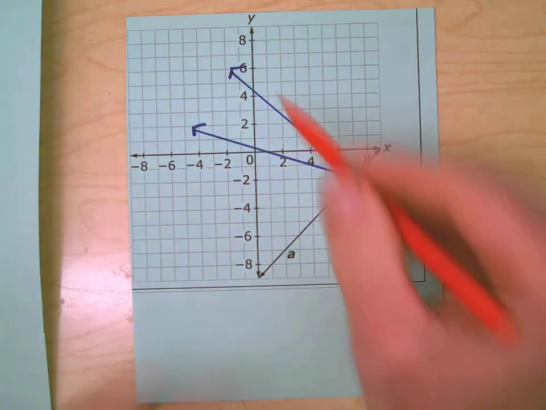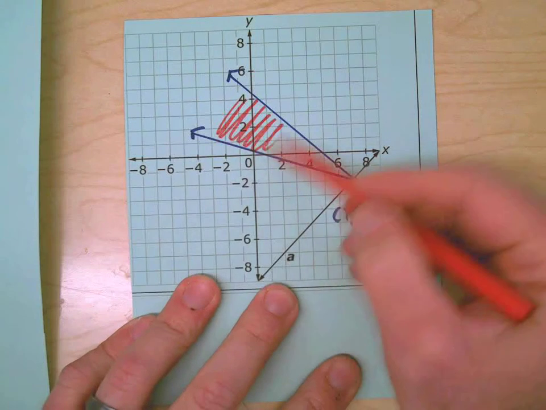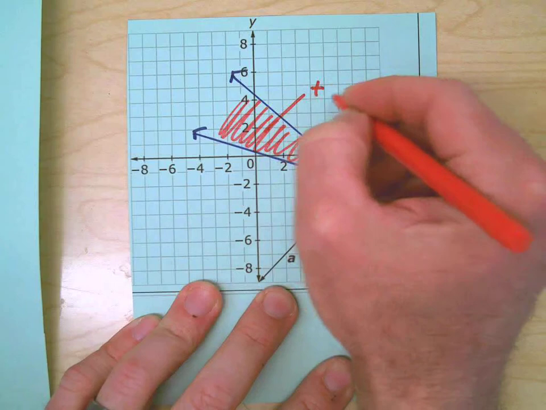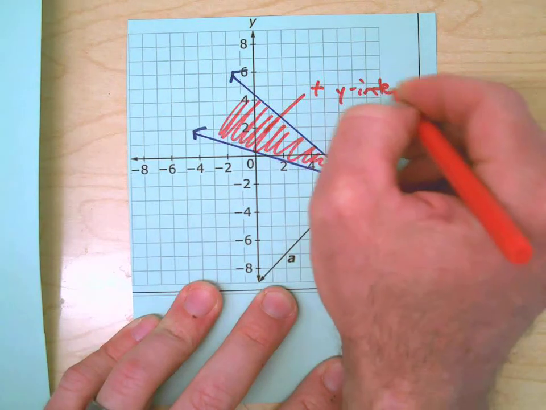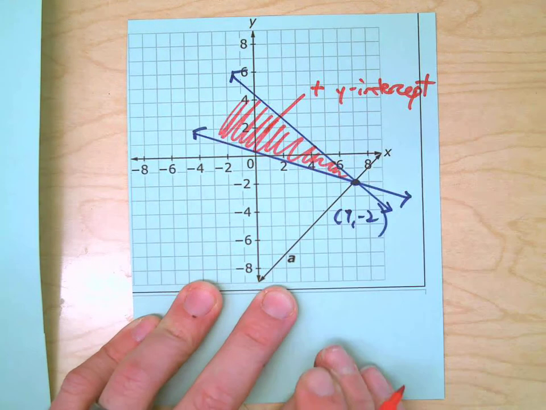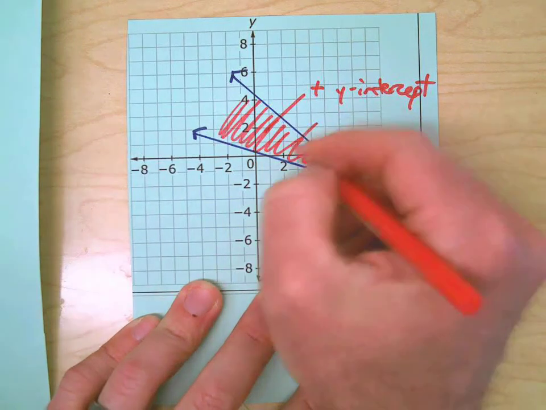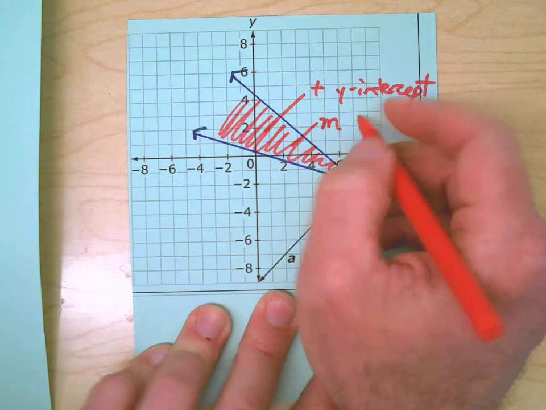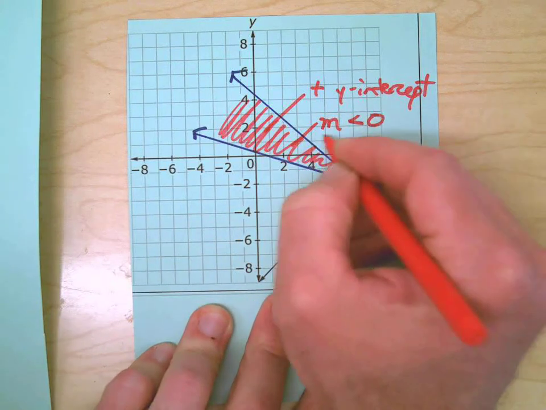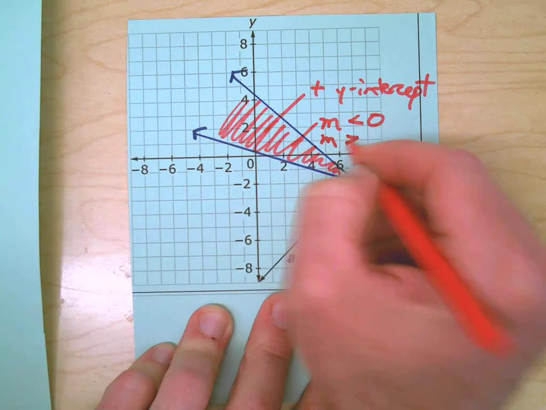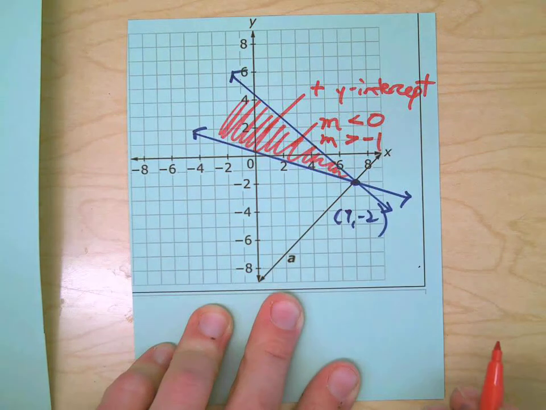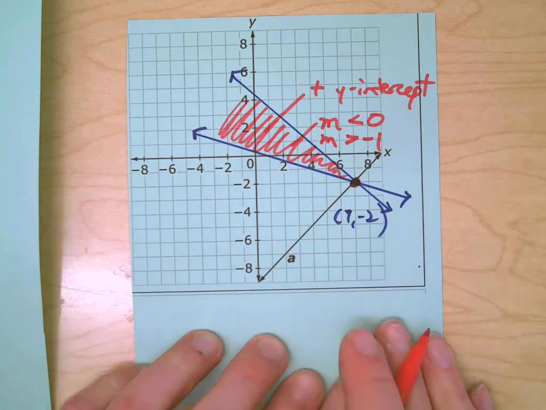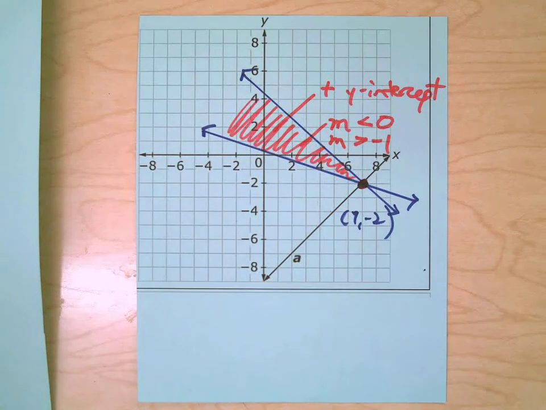The blue are like the outside limits of what line I could draw. The red is the zone, because I've got a positive y-intercept. I've got a slope that is less than 0 and also greater than -1. The y-intercept is positive, and we've got that intersection.